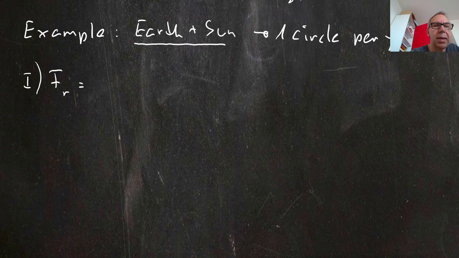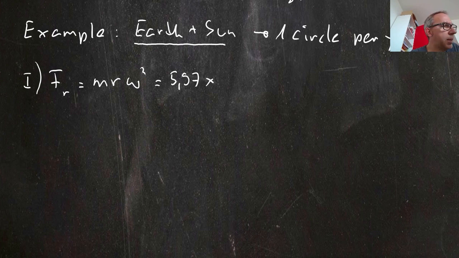Fr is m times r times omega to the second, and we can fill in the mass of the Earth, 5.97 times 10 to the 24th kilogram.